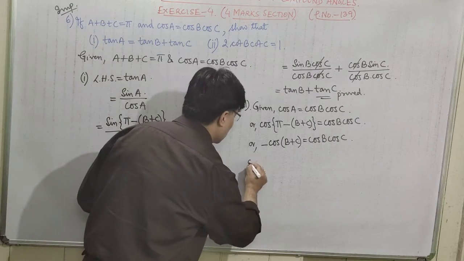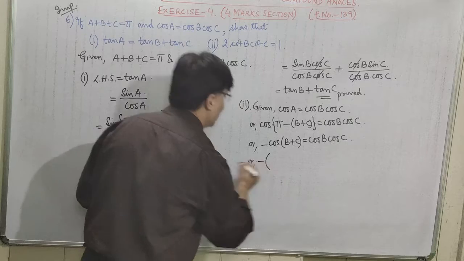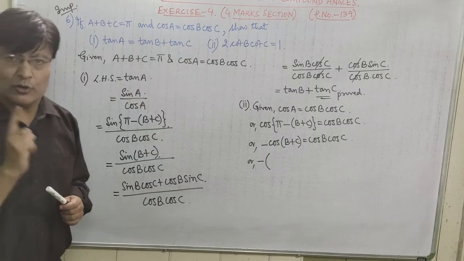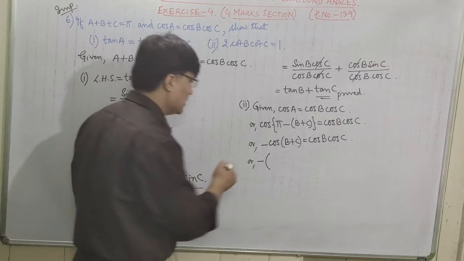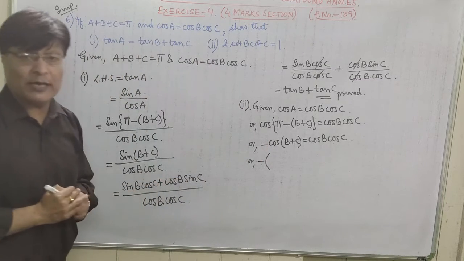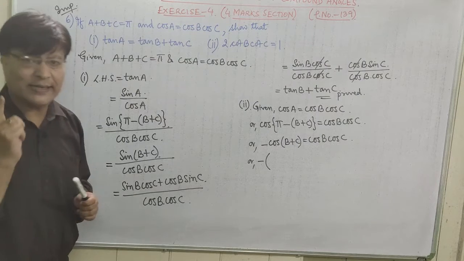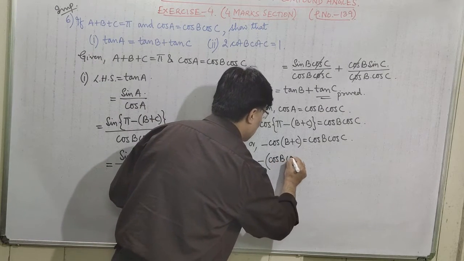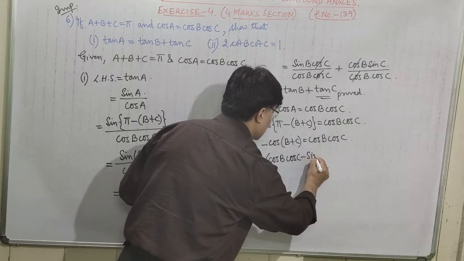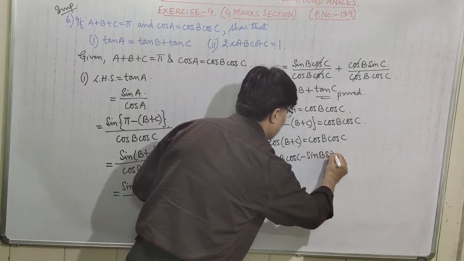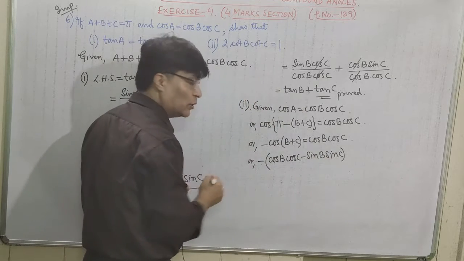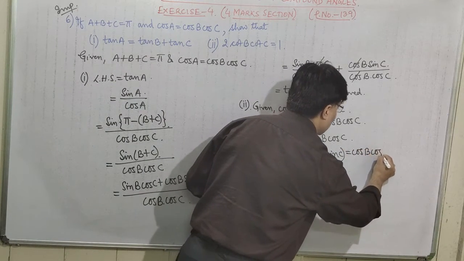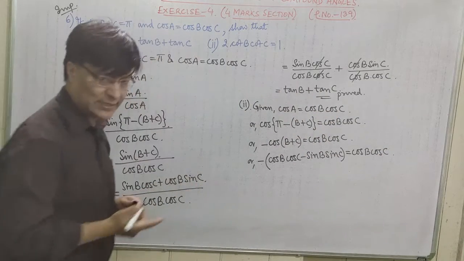Okay, now let us use the formula for minus within bracket cos of (B plus C). Which formula is used? Cos of A plus B, isn't it? What is the formula? Cos A cos B minus sin A sin B. But here it is cos B cos C minus sin B sin C, is equal to cos B cos C, the right hand side is kept as it is.